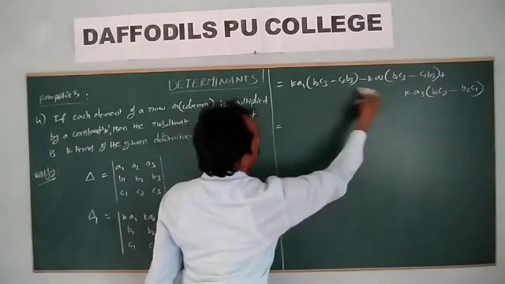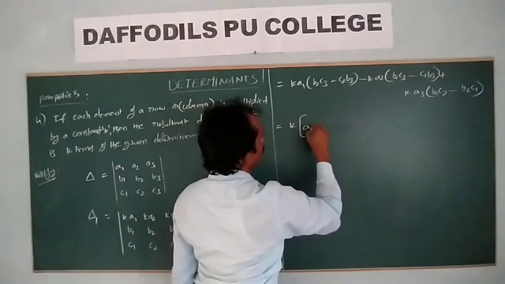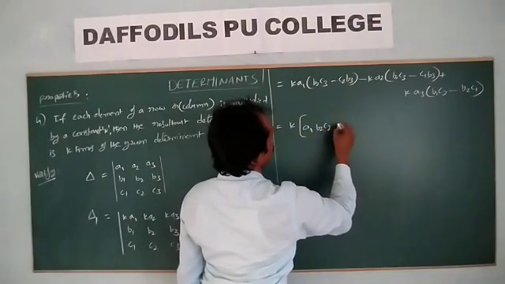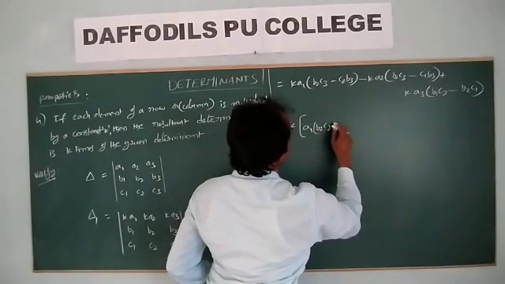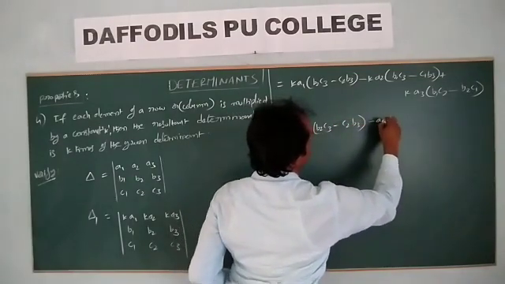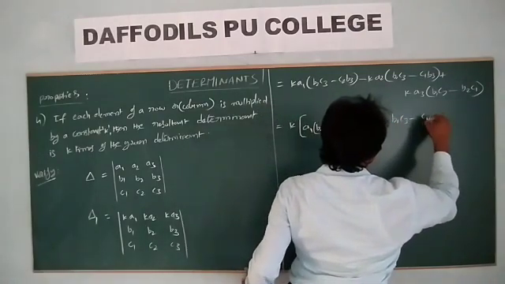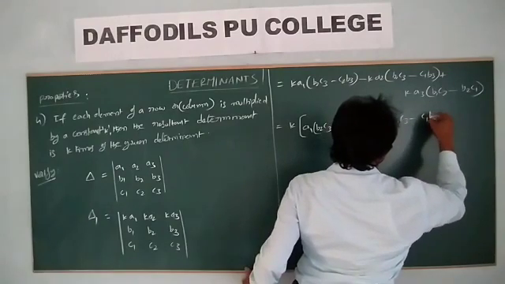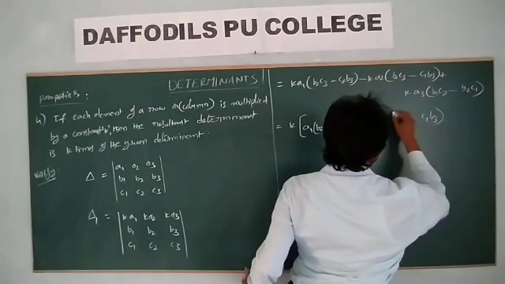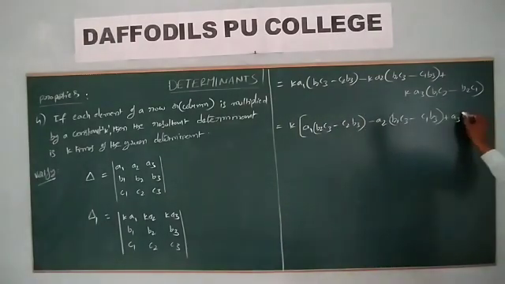This implies in all terms K is the common term. After taking common, A1 B2 C3 minus C2 B3, minus A2 of B1 C3 minus C1 B3, plus A3 of B1 C2 minus B2 C1.